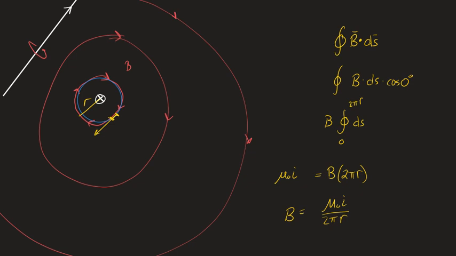Now, amazingly, this is a very powerful law in a lot of other ways. For example, I have a current meter at home that instead of having to be inserted into a circuit, you fix it around a wire.